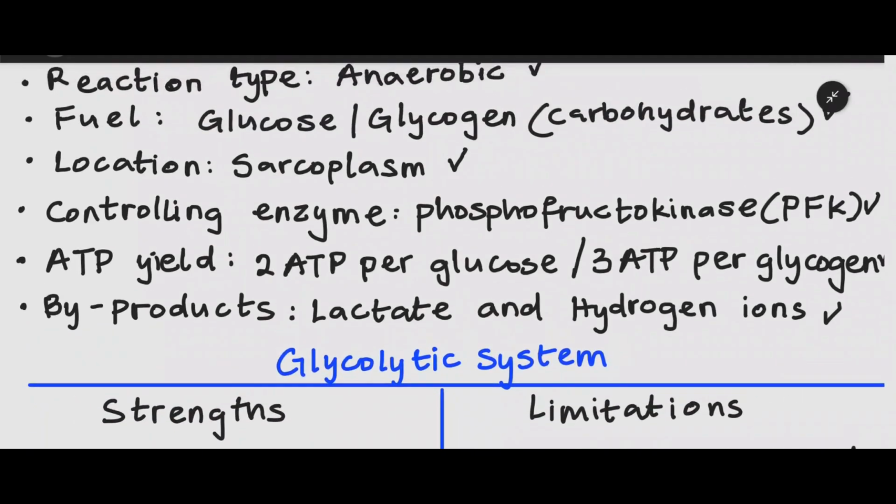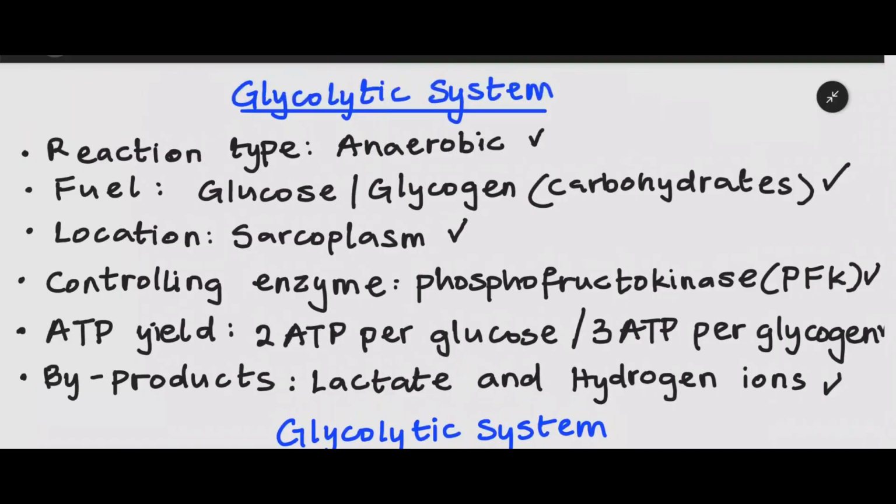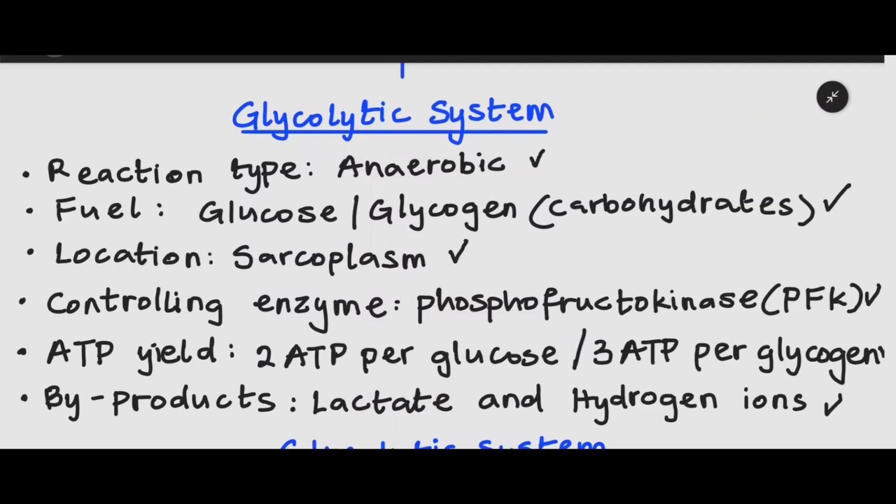What happens is that carbohydrates get broken down into glucose or glycogen through a process called glycolysis. So glycolysis, I'm going to write this right here. This process is what breaks down the carbohydrates into glucose or glycogen.